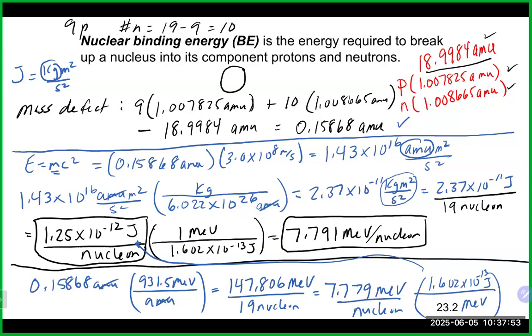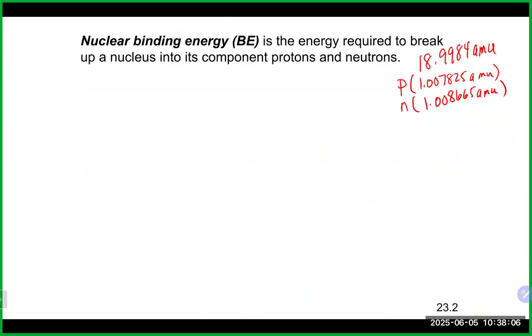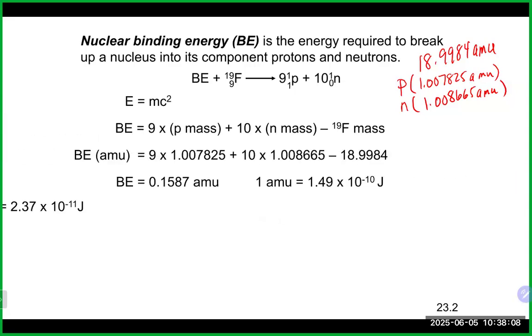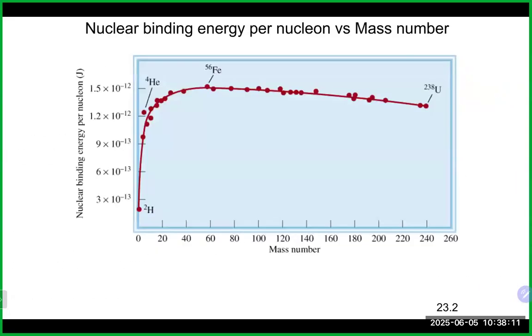Any questions on that? As I mentioned before, nuclear binding energy is a measure of stability. The higher the nuclear binding energy per nucleon is, the more stable that nucleus is. That's what we see in this graph here.